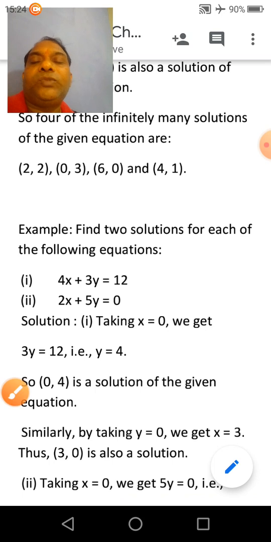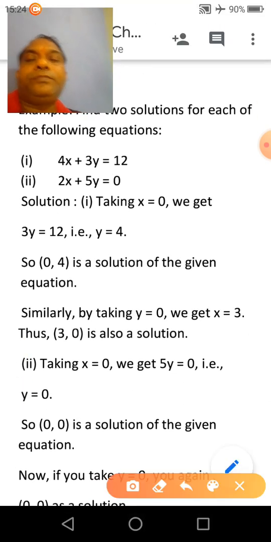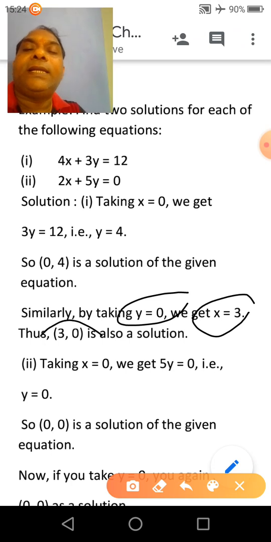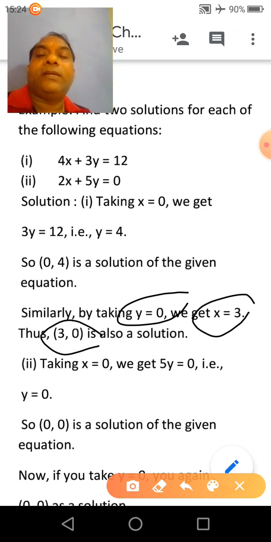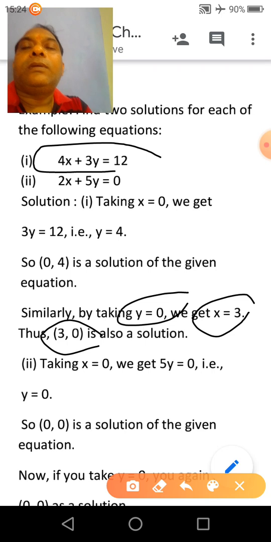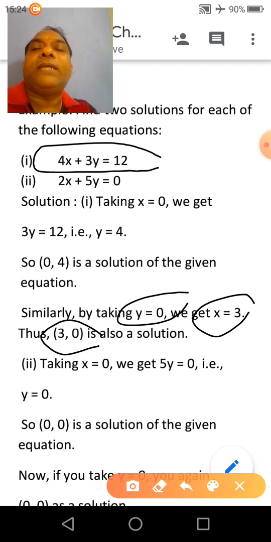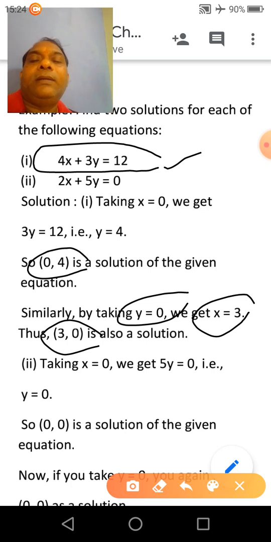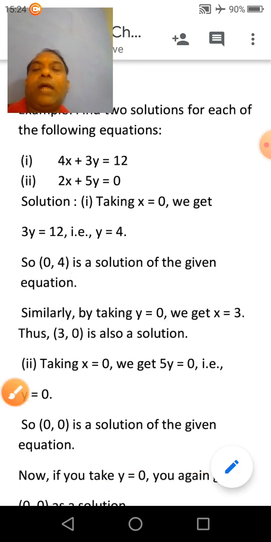Again, put y is equal to 0 in the given equation, then x is equal to 3. So (3, 0) is also a solution of the given equation. Clear? So two solutions of 4x plus 3y is equal to 12 are (0, 4) and (3, 0). Clear?